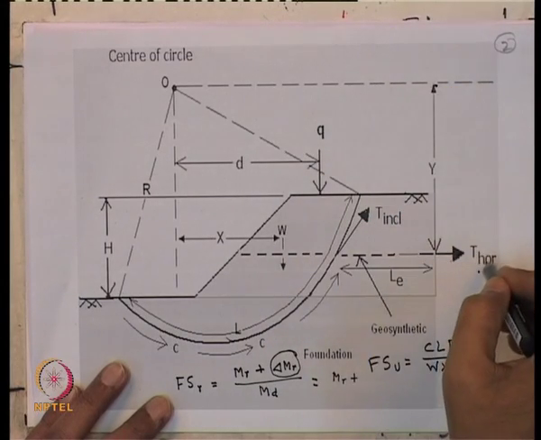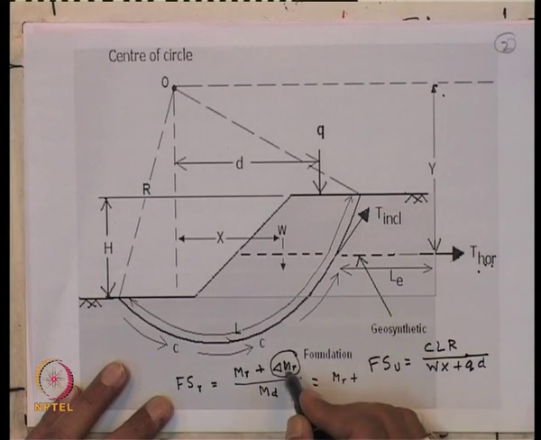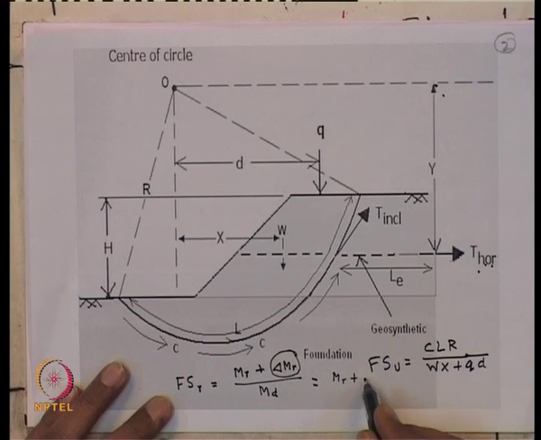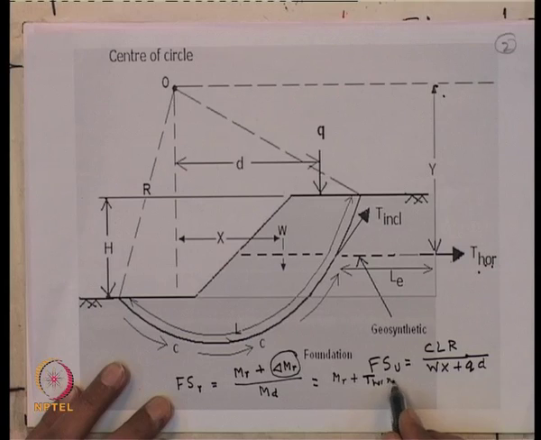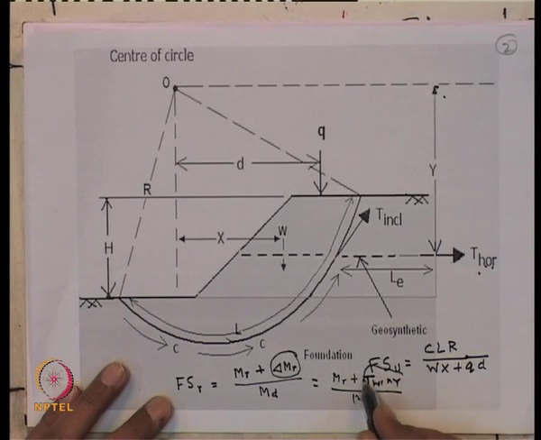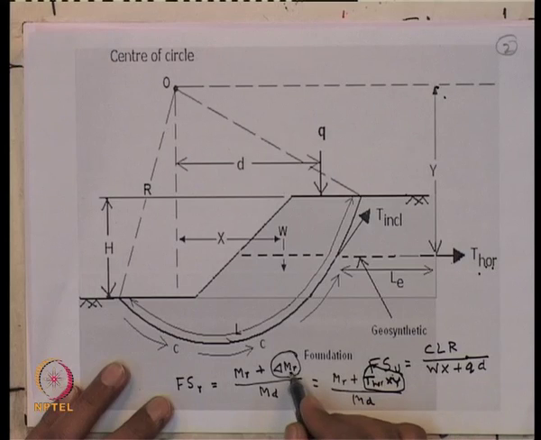So, T horizontal into Y. This delta M_R means T horizontal into Y, divided by M_D. We see that this part is an increment.